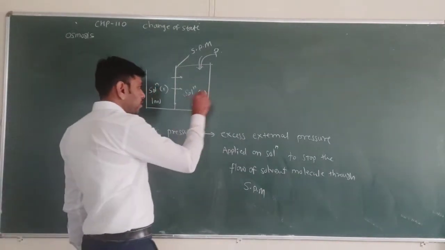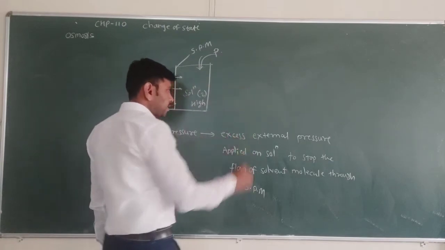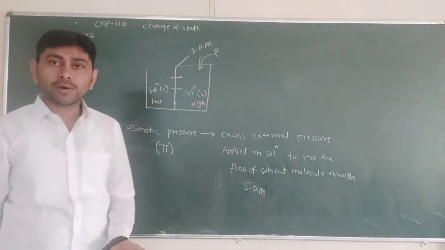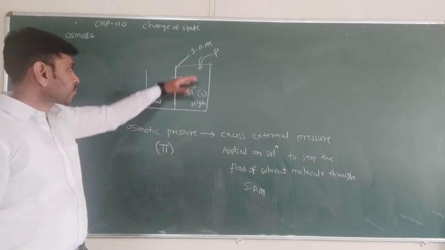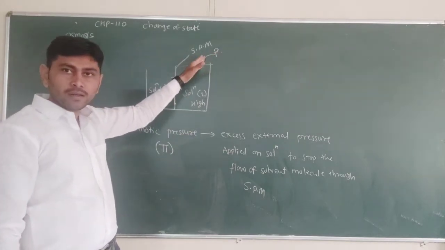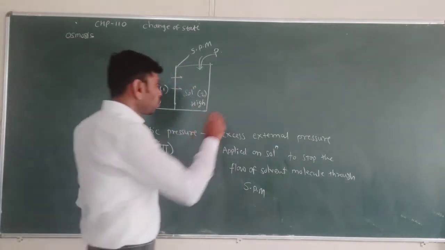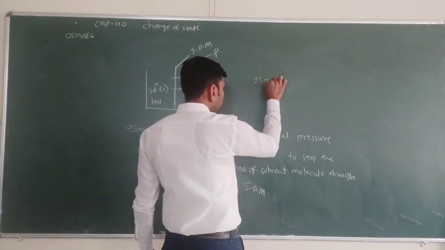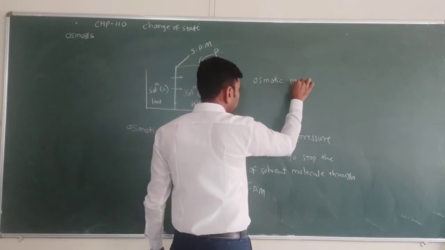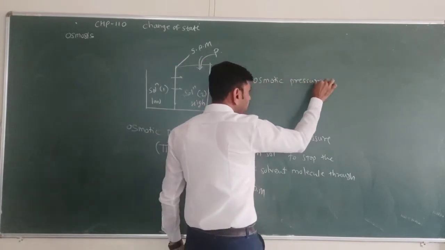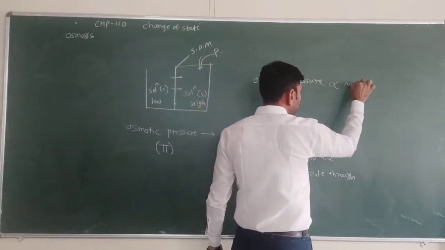And when the number of molecules increases, there is excess requirement of osmotic pressure. The pressure required is larger if the number of molecules in the solution increases. So the osmotic pressure is directly proportional to number of molecules.